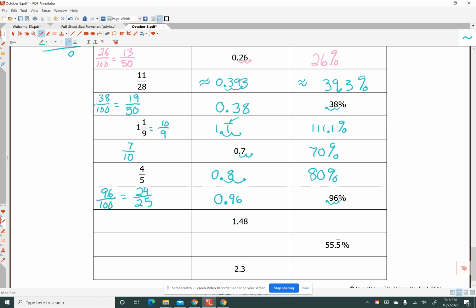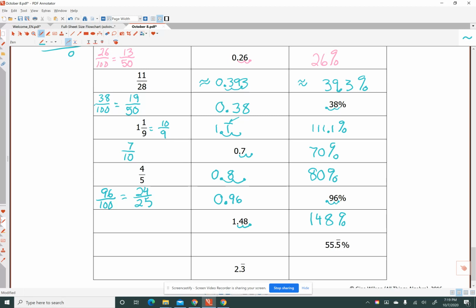So this one's a little bit trickier. We're going to multiply by 100, which would give us 148%. Students sometimes don't always realize that you can have more than 100%. 100% is one whole of anything, but you can have more. It's just your number will be greater than 100%.